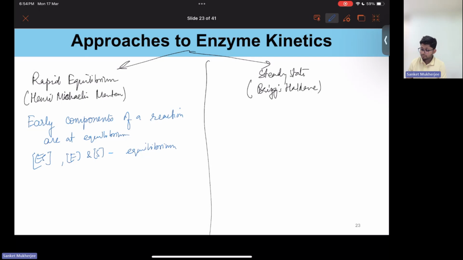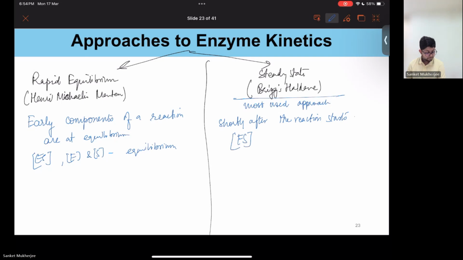In case of steady state, which is the most used approach, shortly after the reaction starts, we assume that ES would reach a steady state, which is basically close to equilibrium.